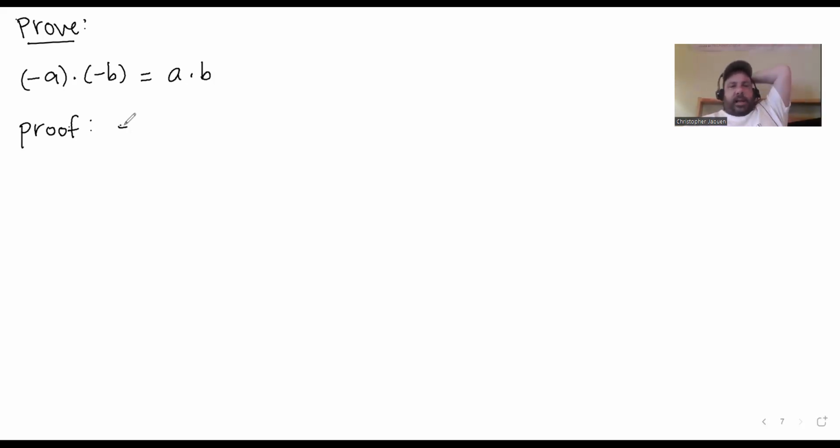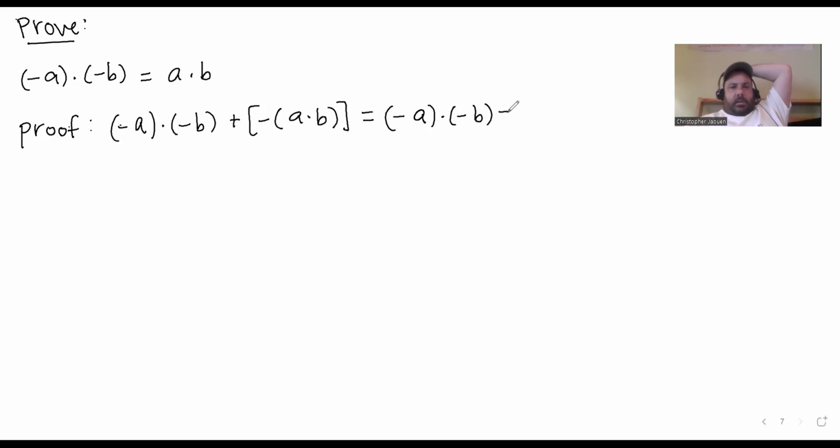I'll omit writing let a and b be real numbers, just because hopefully you understand that at this point. So negative a times negative b plus negative a times b is equal to, by the last thing that we proved, this is the same thing as negative a times negative b plus minus a times b.